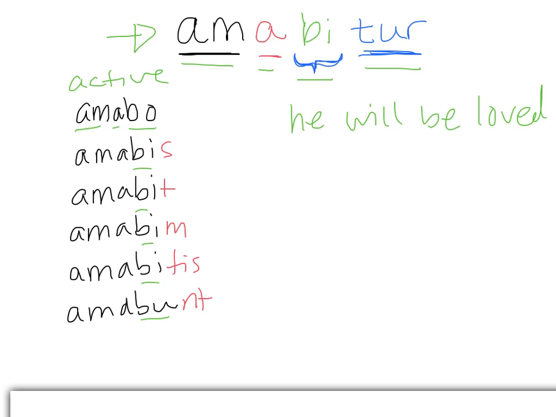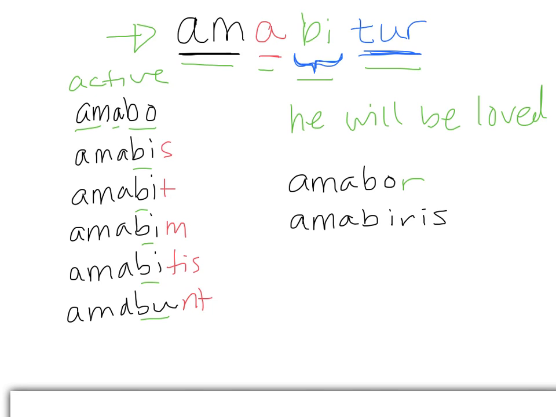To create this new tense, I need to take off those personal endings and add in our new ones. So I would end up with still ama, still bo, but then I need to add on our new ending, r. When I come down into the second person, I would take amabiris.